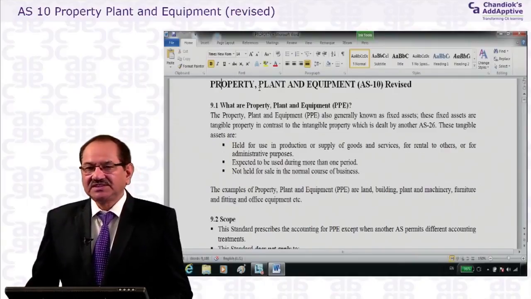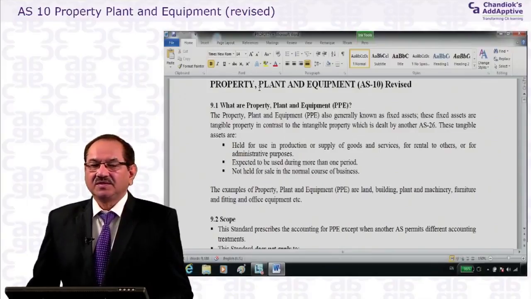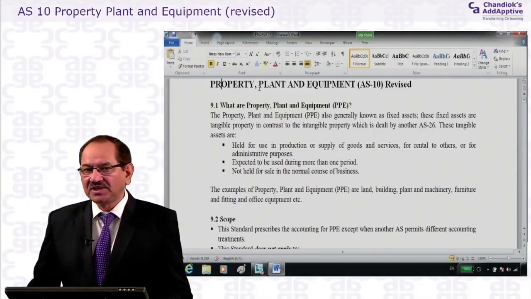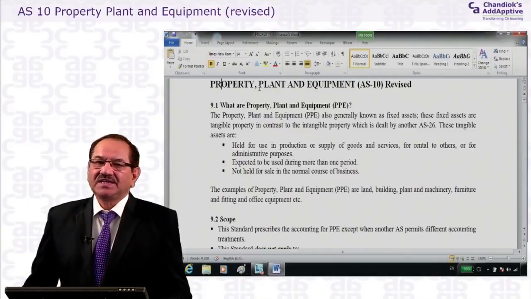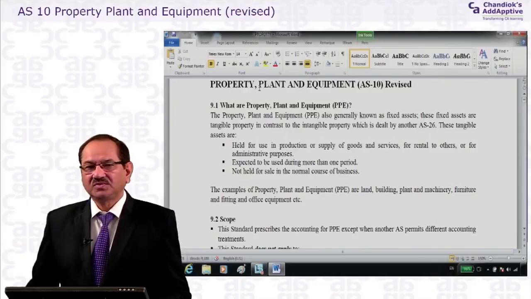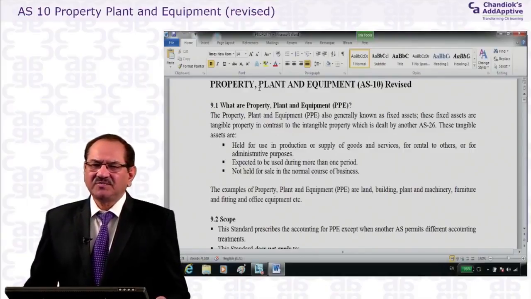There are some other changes in the financial reporting papers because of the changes in property, plant and equipment, the fixed assets accounting standard, which we are now calling property, plant and equipment. There are some consequential changes, like in Accounting Standard 2 on inventories, and they are very small changes.